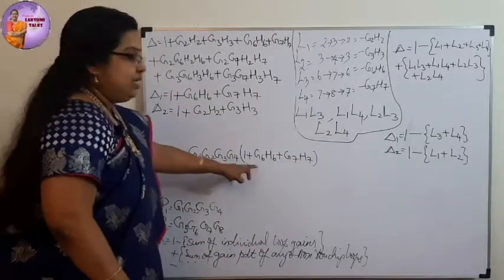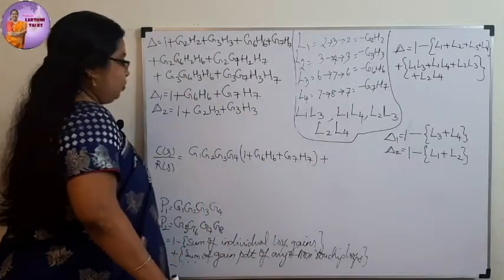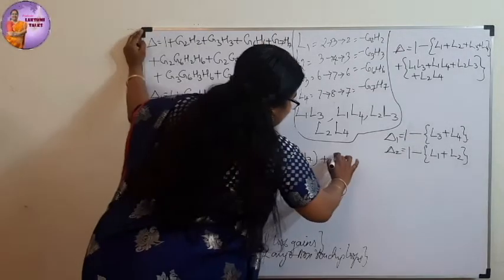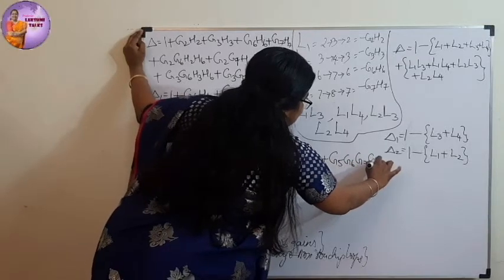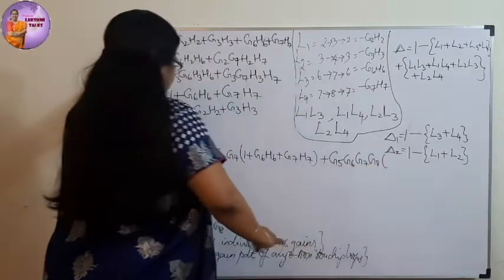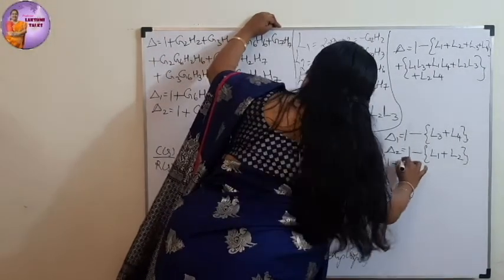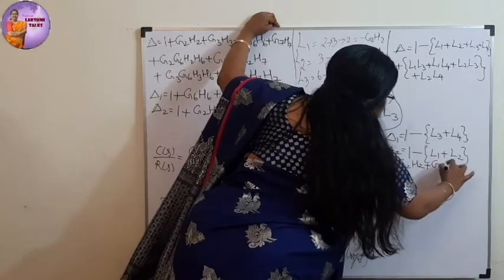So, P1 delta 1 plus what is that? P2 delta 2. What is P2? G5, G6, G7, G8. So, G5, G6, G7, G8 into 1 plus G2H2 plus G3H3.